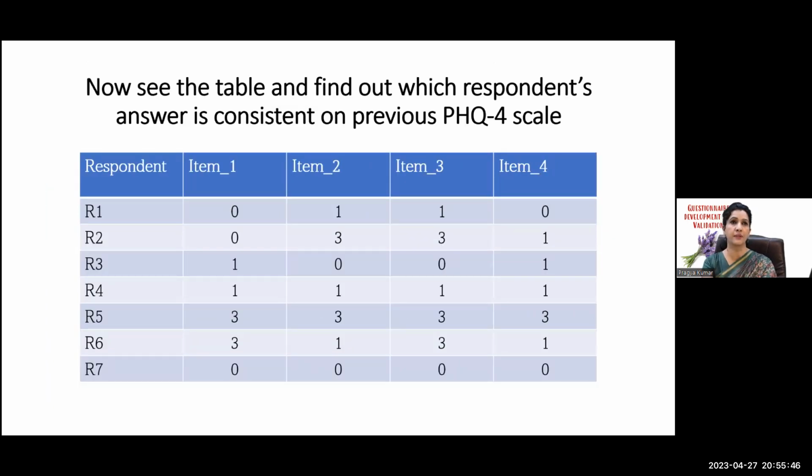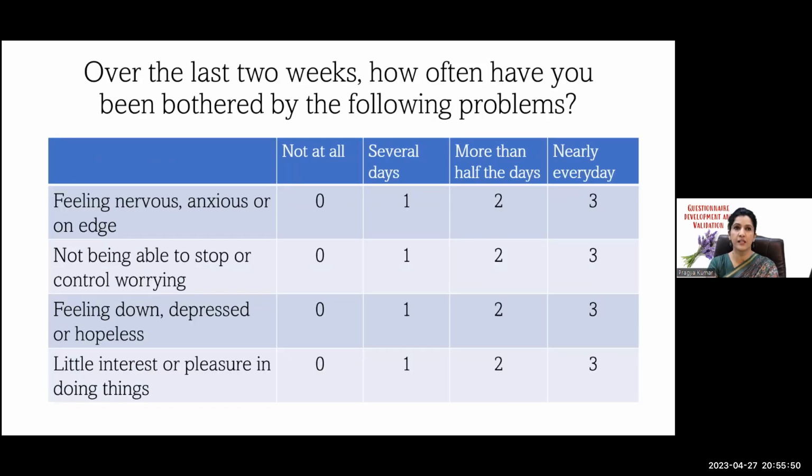Now see this table. This is the PHQ-4 scale. You can see these questions are the PHQ-4. What is a PHQ-4? Patient Health Questionnaire. There was a PHQ-9 on which you will be doing the reliability today in the breakout room, and PHQ-4 is a shortened version of PHQ-9.